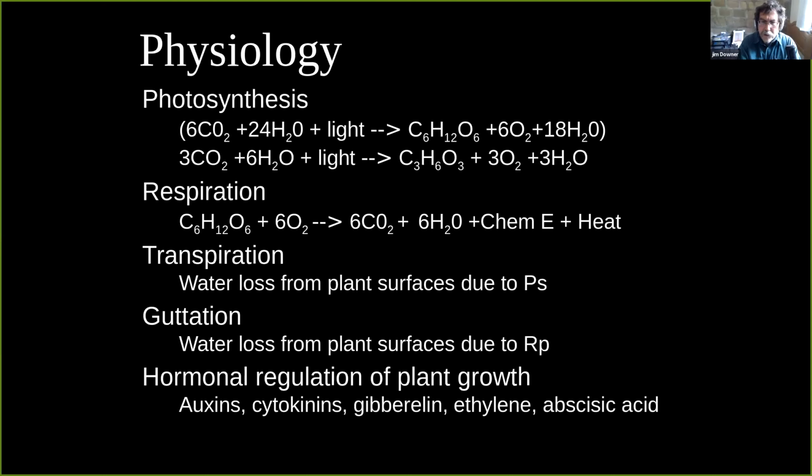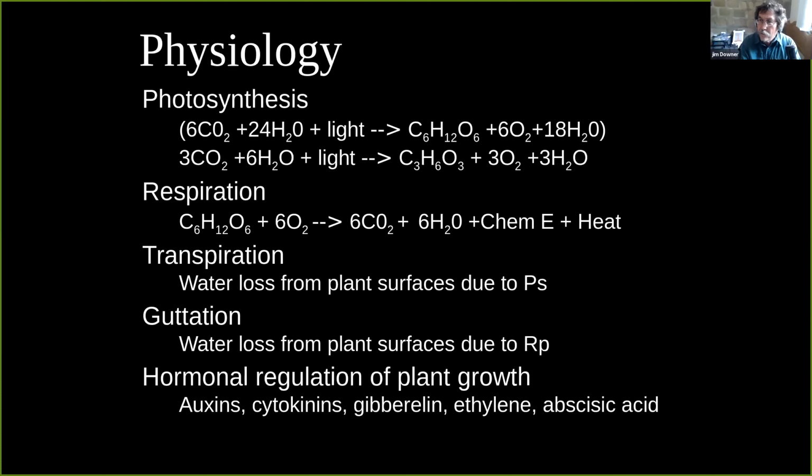And finally, the other big area of plant physiology or tree physiology is understanding hormonal regulation of plant growth. And it turns out there are a number of compounds that trees produce that have all kinds of effects on the tree and how it works. There's a hormone produced in the roots called abscisic acid, and it's a bad name because it doesn't cause the leaves to abscise, but ABA regulates the opening and closing of stomates.